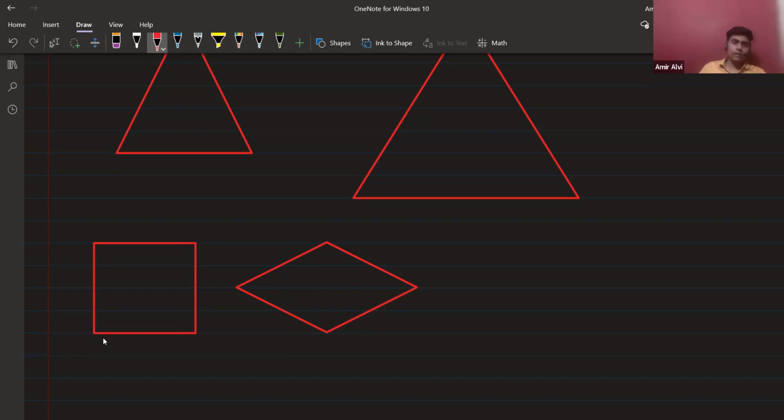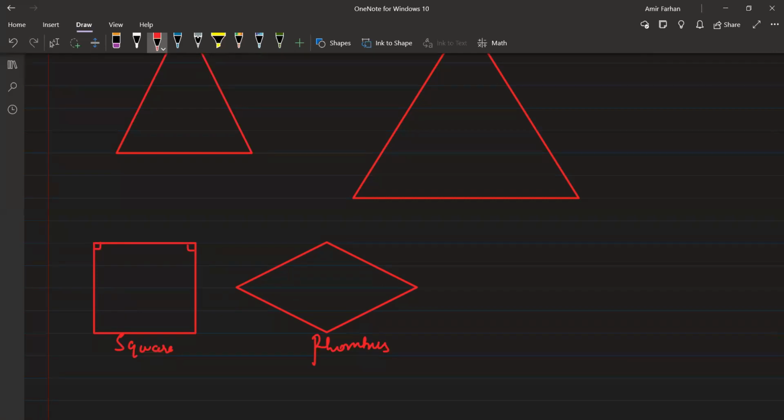So this is a square and this is a rhombus. Clear, Adil? These are different figures. A square has 90-degree angles, but the rhombus angles are different. Yes or no? Yes.